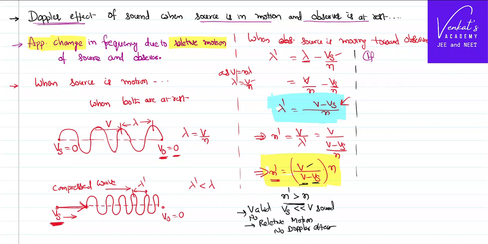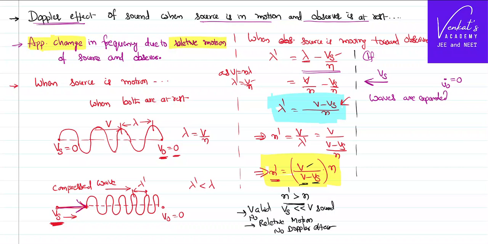If the source is moving away from the observer, and the observer is in the state of rest, unlike before the source is not approaching here, rather it is moving away. So you can say the wavelength increases now. It is not going to reduce as before, as the waves are not compressed, rather waves are expanded.